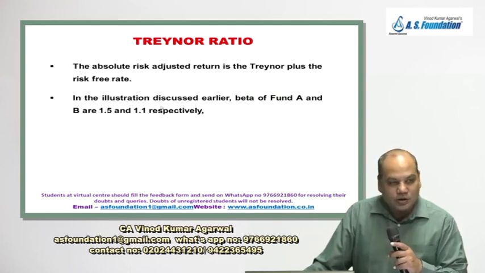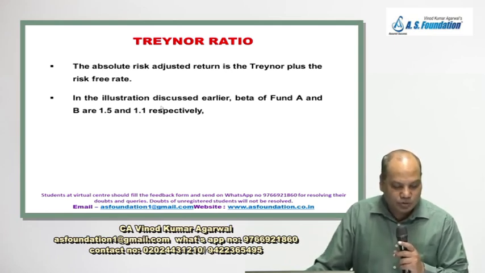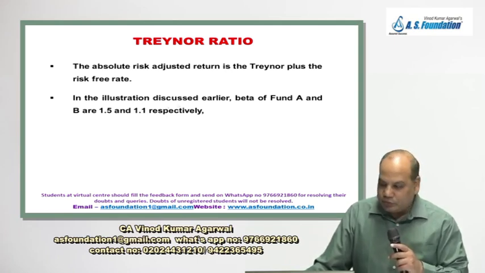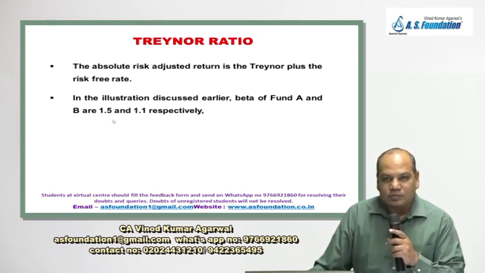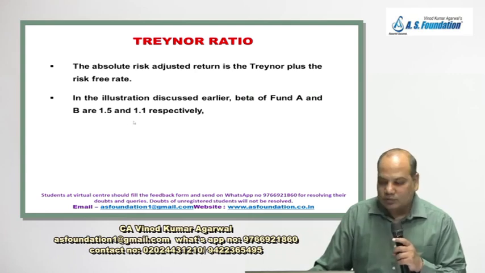In the illustration discussed earlier, go to Sharpe ratio earlier. There are two funds in Sharpe ratio. Fund A, Fund B. Other details are same. Their betas are 1.5 and 1.1.